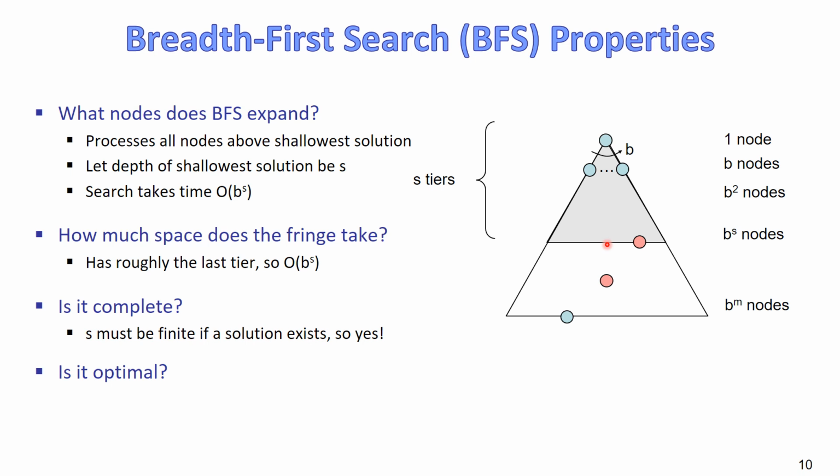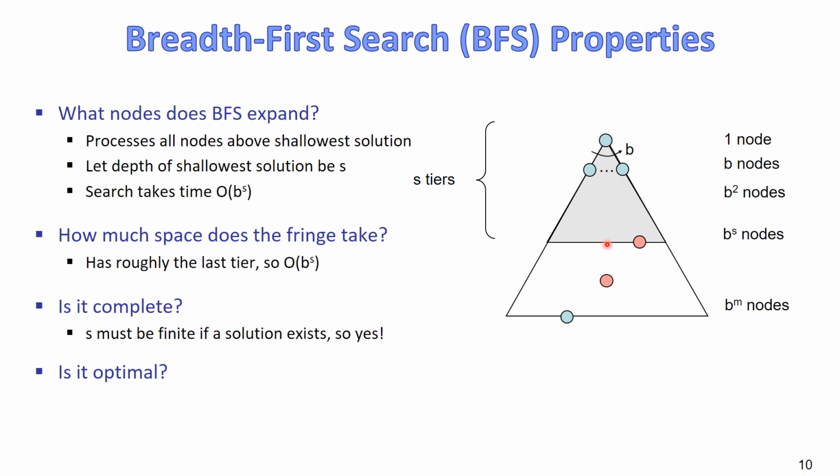So if the shallowest solution is really the least cost solution, then it is optimal. But for that to be true, there is a condition. As Saad said, the condition is that each step has the same cost, or let's say cost 1. So if every step has the same cost, then BFS will find the optimal solution.